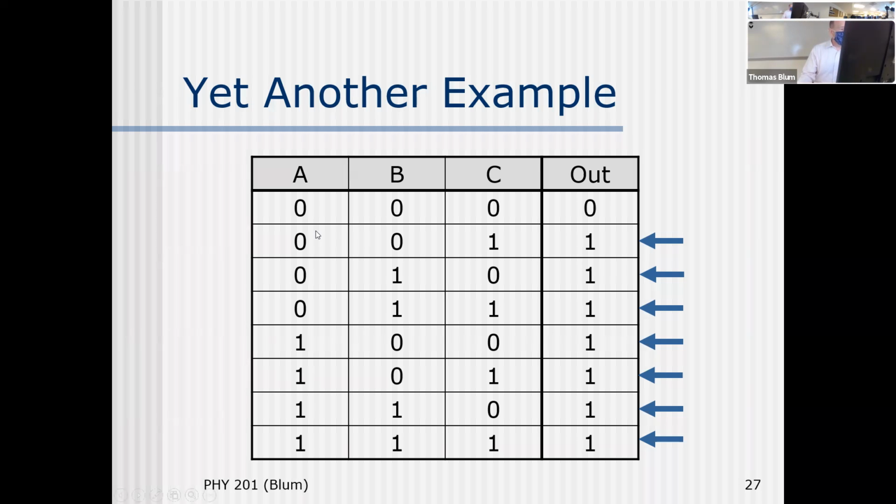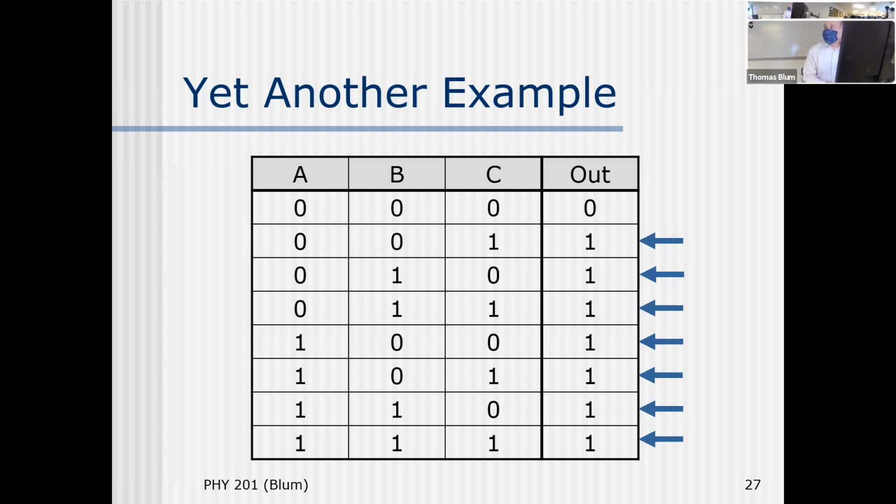So here's a 1, so I would write A prime, B prime, C. Here's another 1, so I would write A prime, B, C prime. Here I would write A prime, B, C. Here I'd write A, B prime, C prime, A, B prime, C, A, B, C prime, A, B, C.